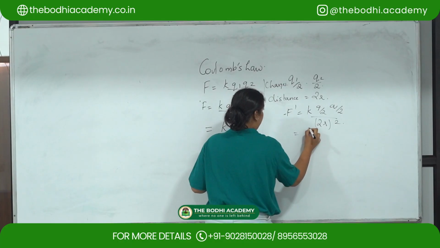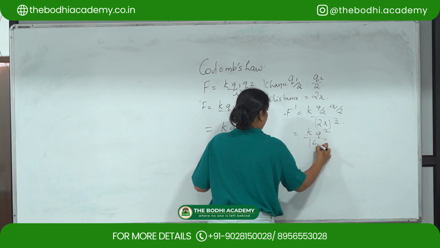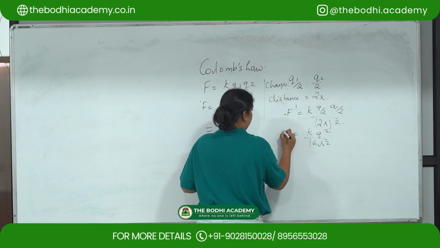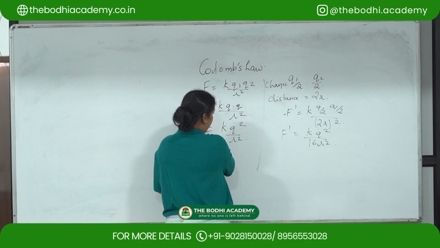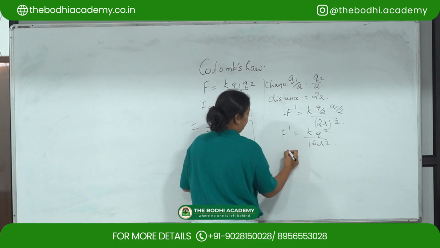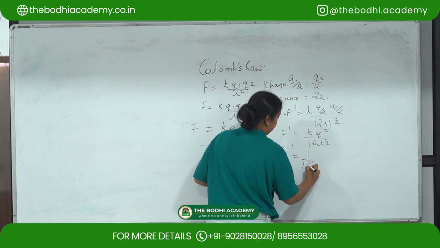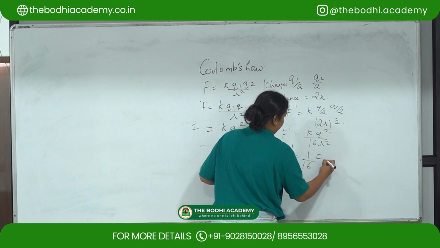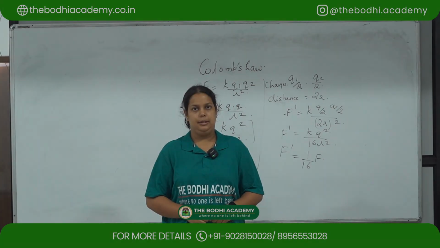So this will be K Q square upon 16 r square. So substituting this F in this equation, we will get F dash is equal to 1 upon 16 F. So the answer will be the fourth option, that is F by 16.